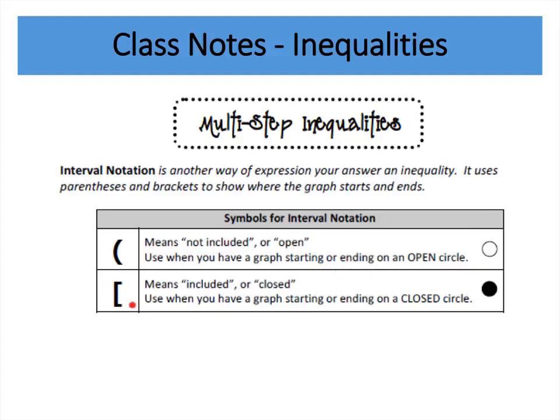This is called a square bracket, and it's when we include the value, or there's a closed dot. So that would be any time that I have something like less than or equal to, or greater than or equal to, that I'd use this symbol, and if I used greater than or strictly less than, I would use that symbol.